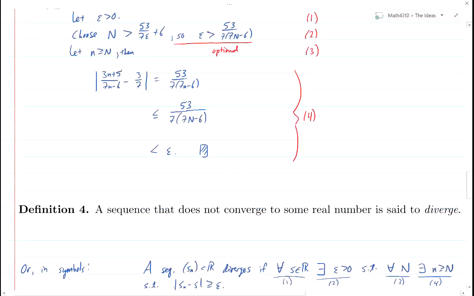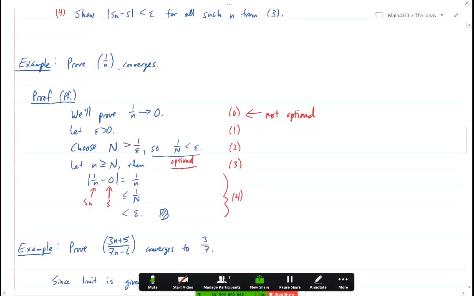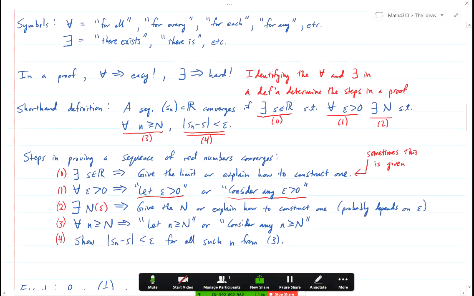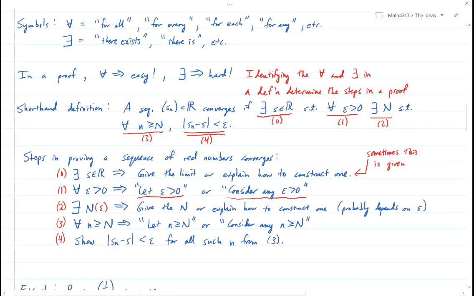So I wrote it in symbols here, but I'm going to scroll back up and show the definition of convergence in symbols, the shorthand definition right here on the screen. We see that a sequence Sn of real numbers converges if there exists an S, which means that we're going to say a sequence Sn diverges if for every S there is no limit, or there is no real number, I should say, that is the limit.